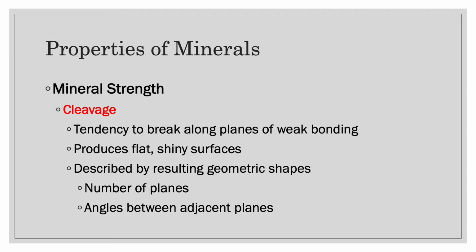And then the other way to describe cleavage is the angles between the adjacent planes. So sometimes you have a 90-degree angle, that would be like a cubic shape, as I described. And sometimes you have different shapes where the angle of the break is a different angle than a 90-degree angle.